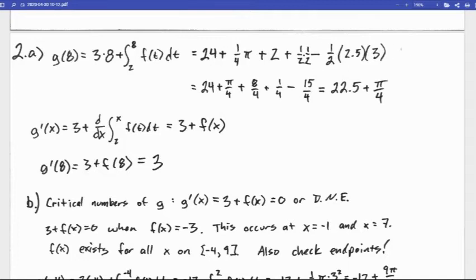The work that you see here is just part of a circle plus a rectangle plus a triangle minus a triangle. The triangle between 5.5 and 8 is below the axis, so I subtracted that area and came up with this as an answer, 22.5 plus pi over 4.